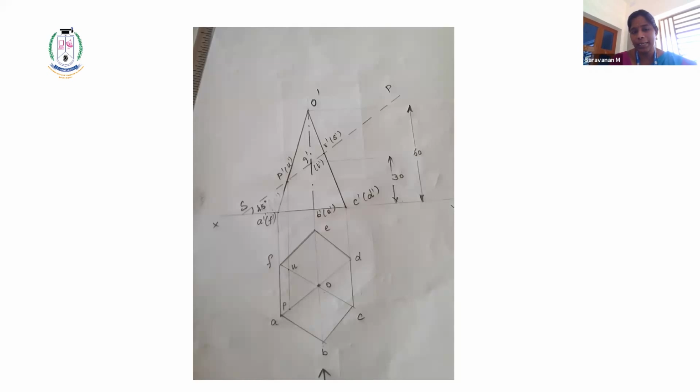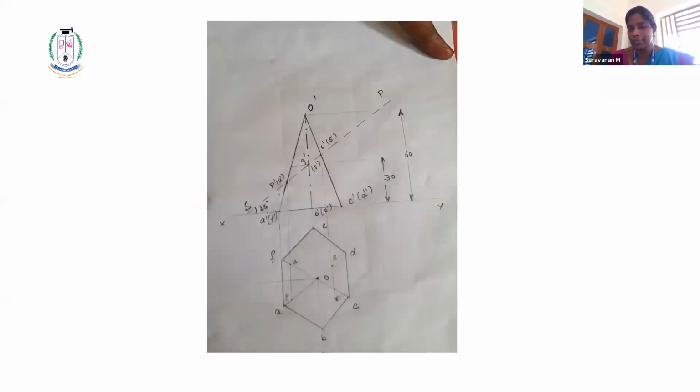That projection line will pass below XY and will intersect on the top view. You see? So P and U refer to the intersecting points on the edges A and F. Here, for the first line A, I have marked the point P, the intersecting point. The projection line will intersect at the top view.